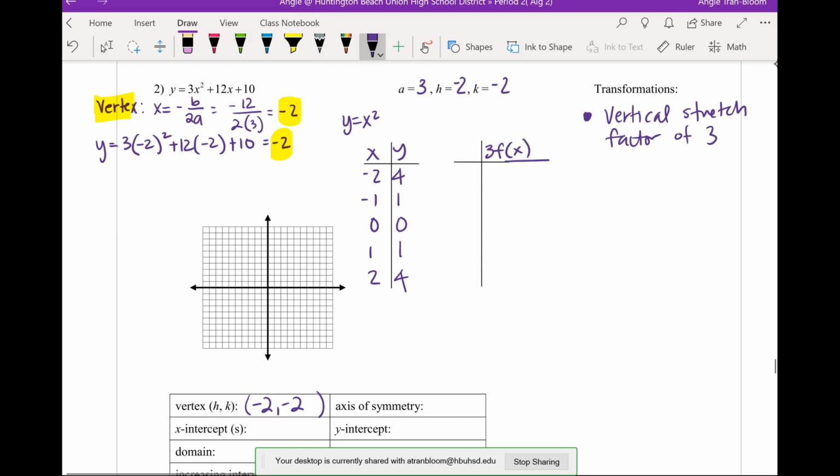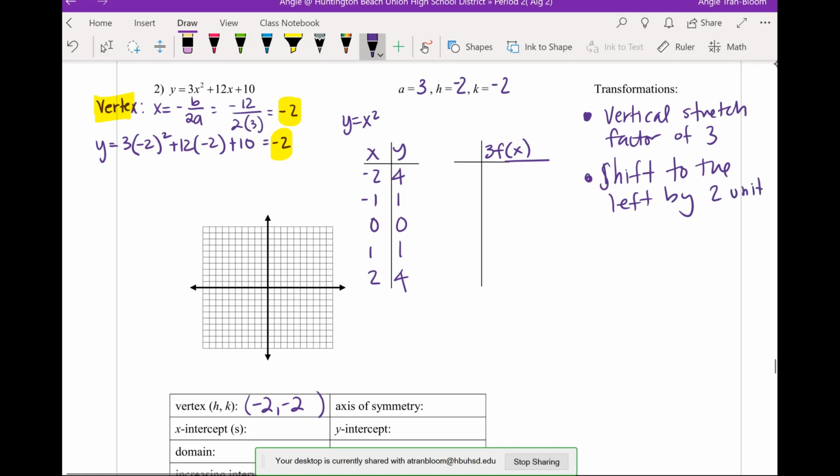Next, your h value is -2. H value is -2. What transformation is that? Shift to the left by 2 units.